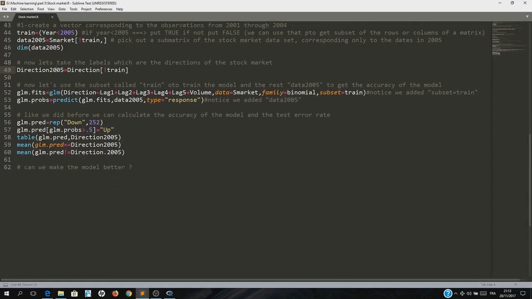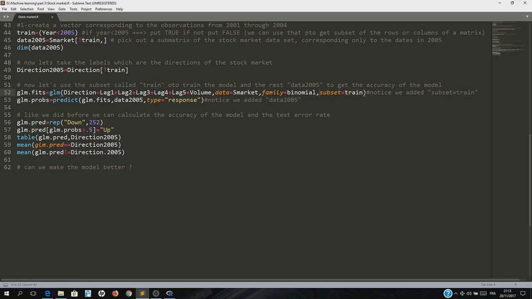So now how do we use the subset? Easy. We just add another parameter to the GLM function called subset. That means we're gonna use this subset for training.